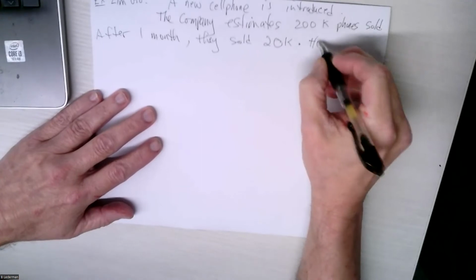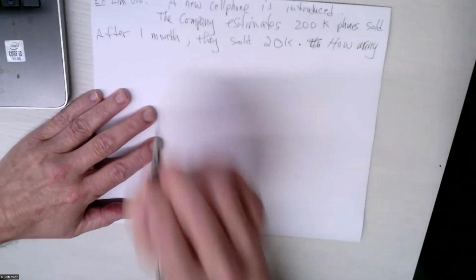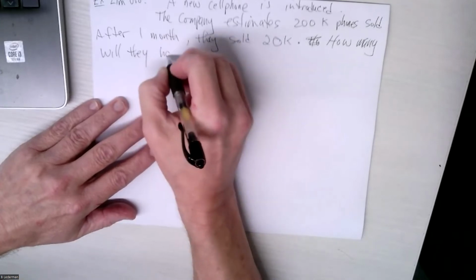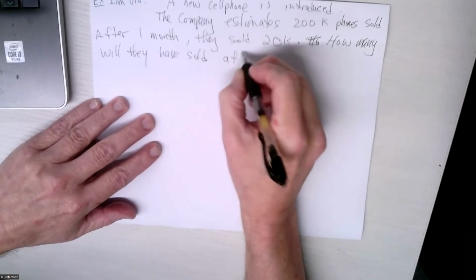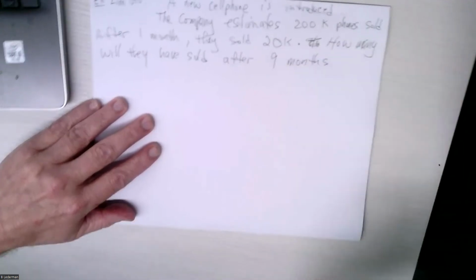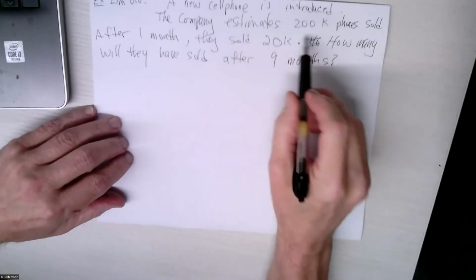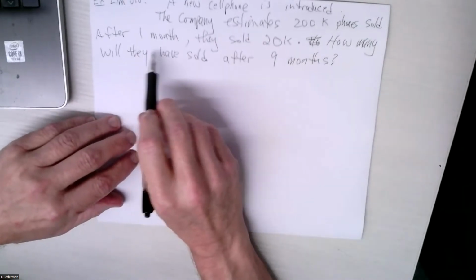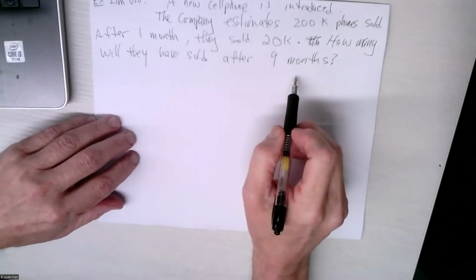How many will they have sold after 9 months? That's the question. So they estimate that there's going to be 200,000 phones sold eventually. After 1 month, they sold 20,000. How many will they have sold after 9 months?